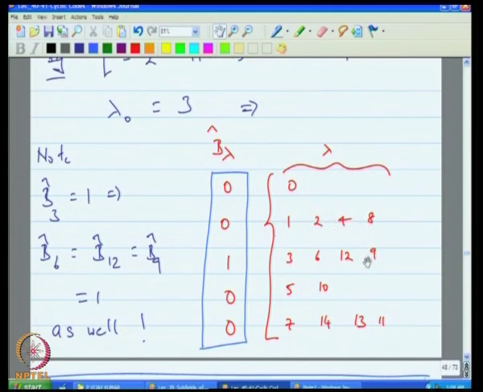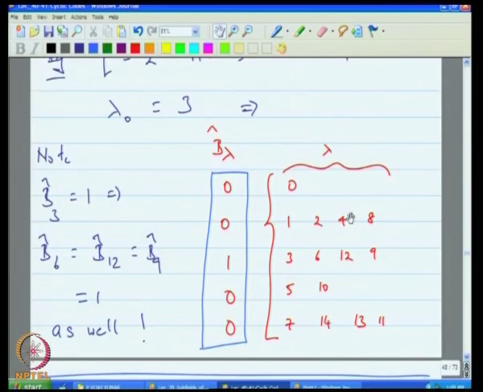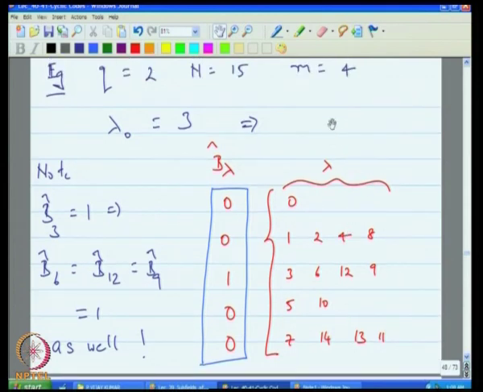So, the minimum distance is 5. In this particular case t was equal to 2, so the size of the null spectrum was at most mt, which is 8 in this case. Therefore, the dimension of the code is at least 7. So, this is an example of that very same statement.